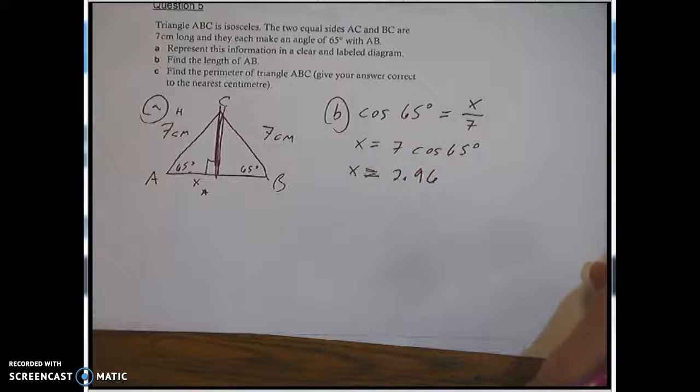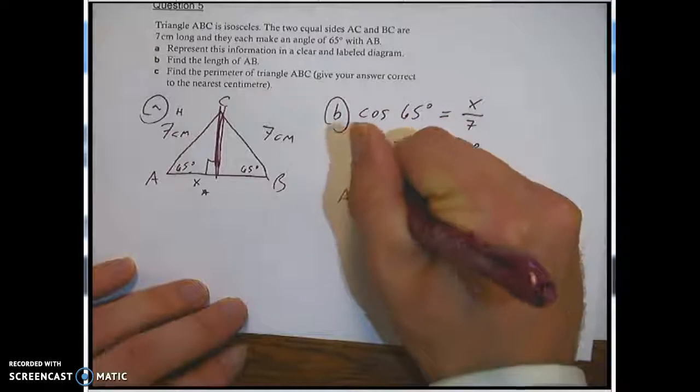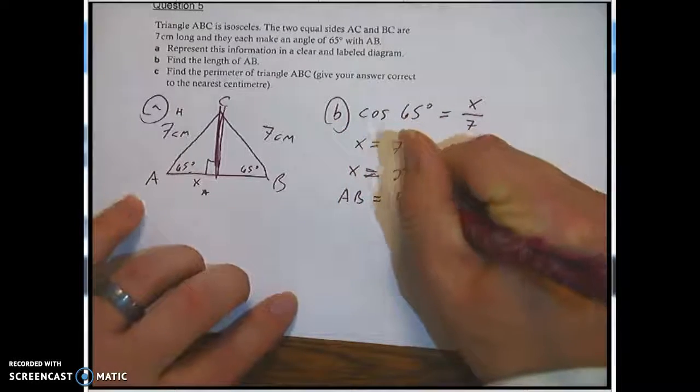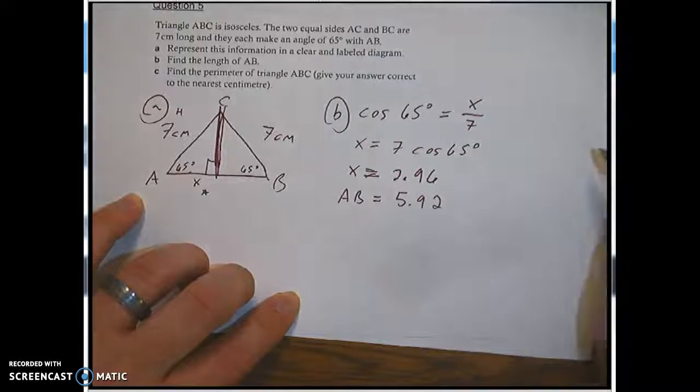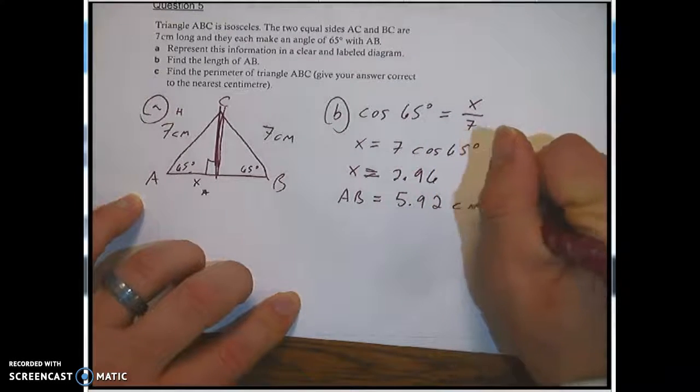Now, that didn't really answer the question because we're still trying to find the length of AB, which means we need to double that x, so 2.96 times 2. And when you do that, you get that the length of AB is 5.92 centimeters.